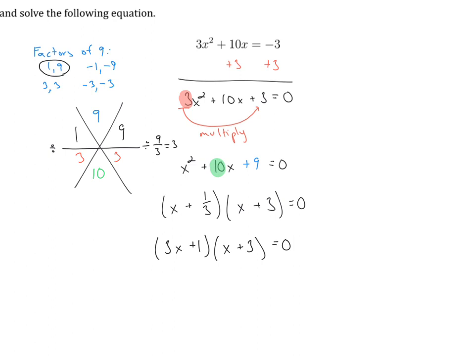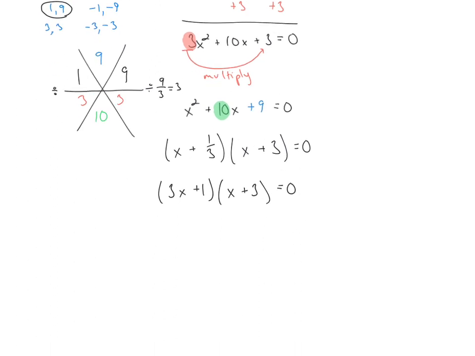But from here, we can go ahead and set each of these factors equal to 0. So we get 3x plus 1 is equal to 0, and we also have x plus 3 is equal to 0. Solving for x, I'm going to subtract 1 on both sides. This gives me 3x is equal to -1. And then, last but not least, I'm going to divide by 3 on both sides as well.